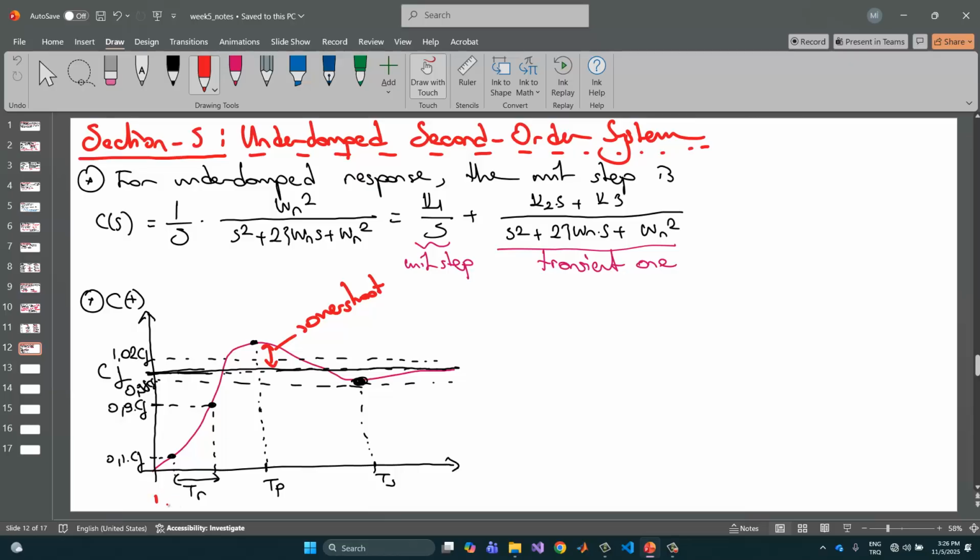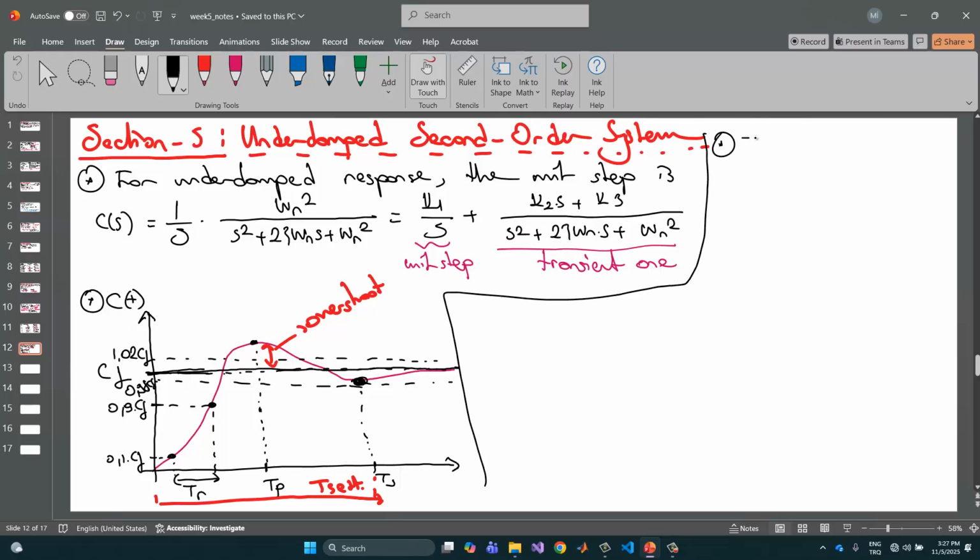This is the settling time, and therefore we need to find T peak, overshoot, TR and TS, right? This overshoot is in percentage format.